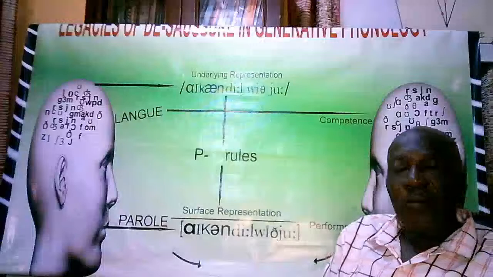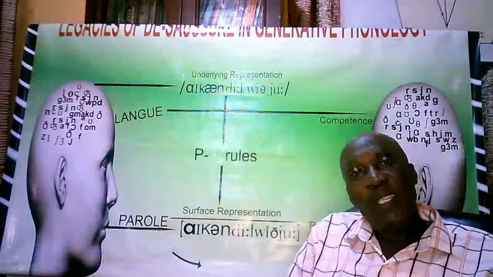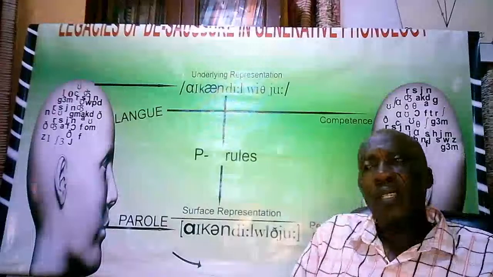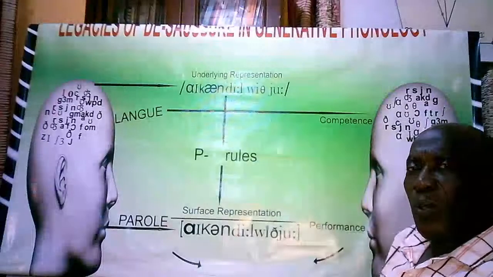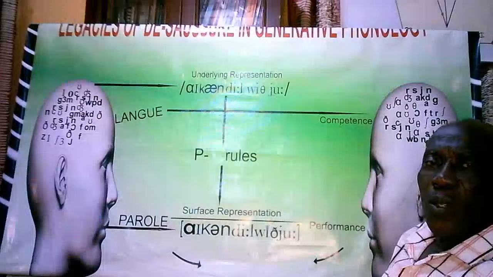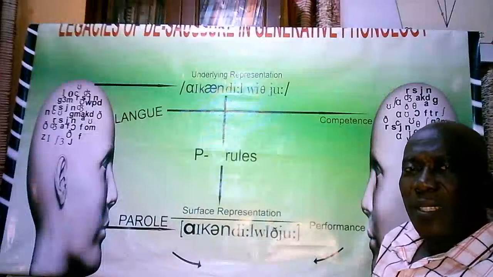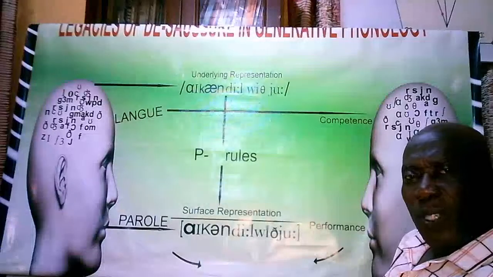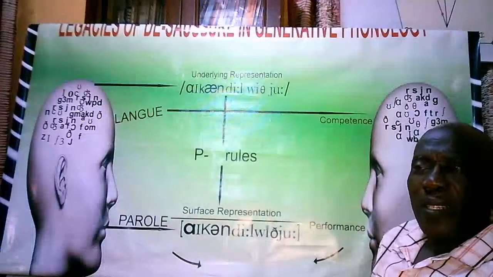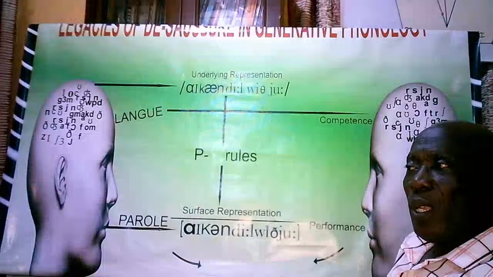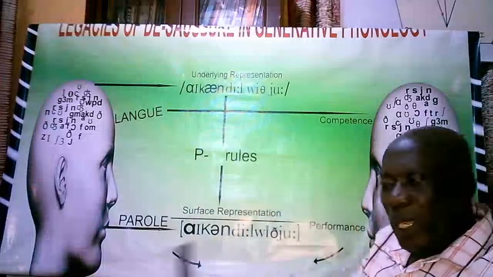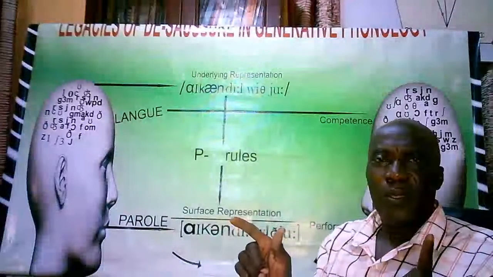Another thing is that our knowledge of the grammar of the language is sometimes used as a cue to determine how we pronounce certain things. It shouldn't be so. The fact remains that there is a clear distinction between the spoken expression and the written expression.